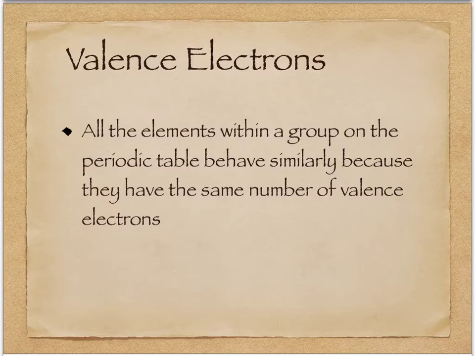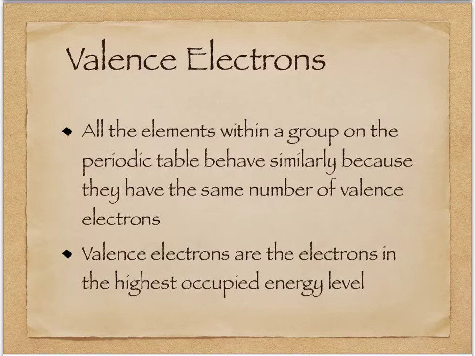All of the elements in a group on the periodic table are going to behave similarly for one main reason: they have the same number of valence electrons. That's the key. So what's a valence electron? Valence electrons are the electrons in the highest occupied energy level, what we talked about in the last chapter, the outermost electrons.